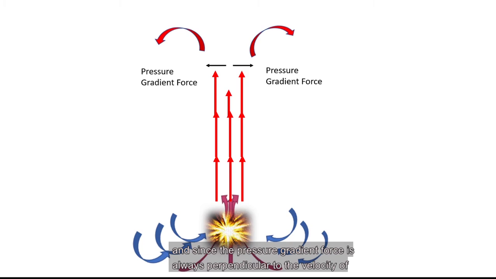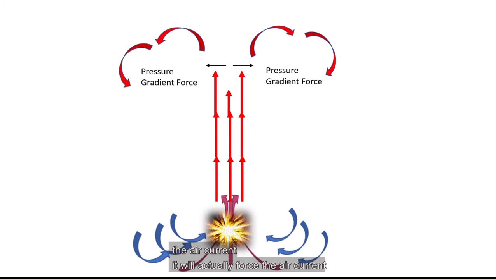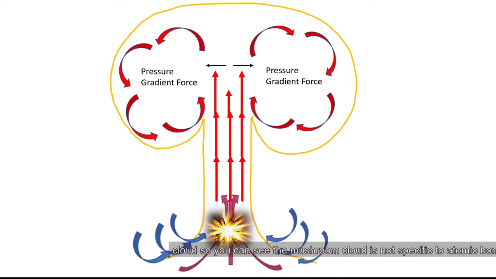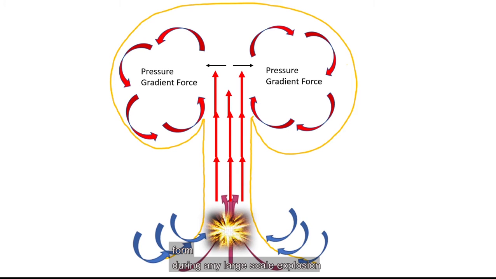And since the pressure gradient force is always perpendicular to the velocity of the air current, it will actually force the air current into a circular motion, and the air current eventually will re-enter the stream and form the head of the mushroom cloud. So you can see the mushroom cloud is not specific to atomic bombing. It can form during any large-scale explosion.